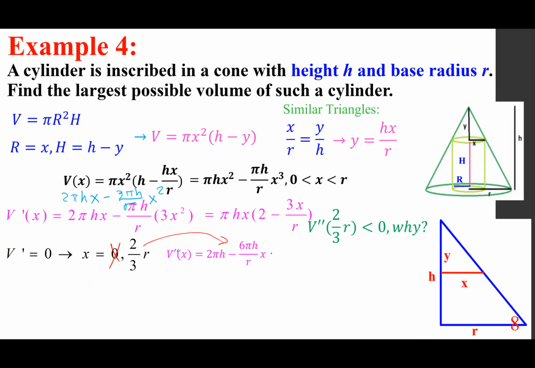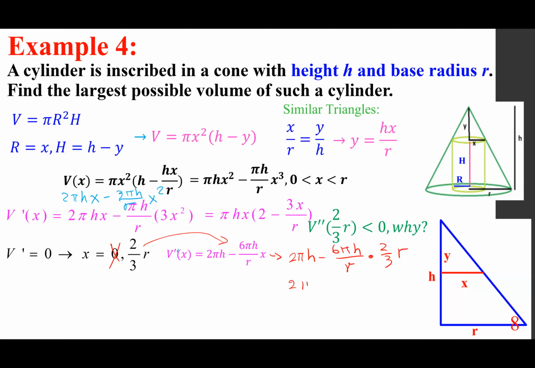If I plug in 2/3 r, two pi h minus 6 pi h over r times 2/3 r, right?